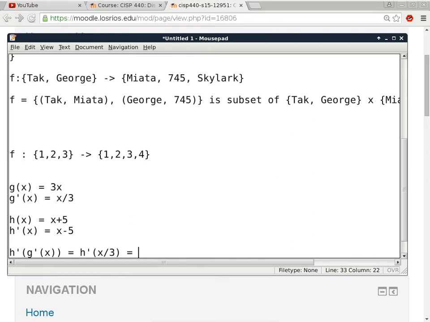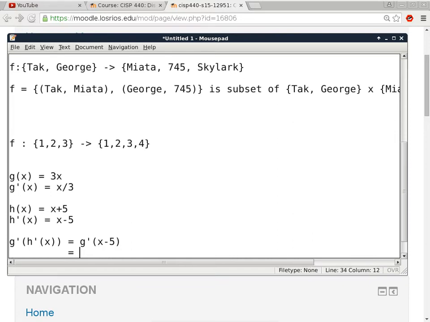We have to do the opposite when doing inverse. You're right. You have to apply h prime first. So g prime is on the outside, h prime is on the inside. That's right. So h prime expands to x minus 5. And then we expand g prime, which gives the whole thing, x minus 5 divided by 3.